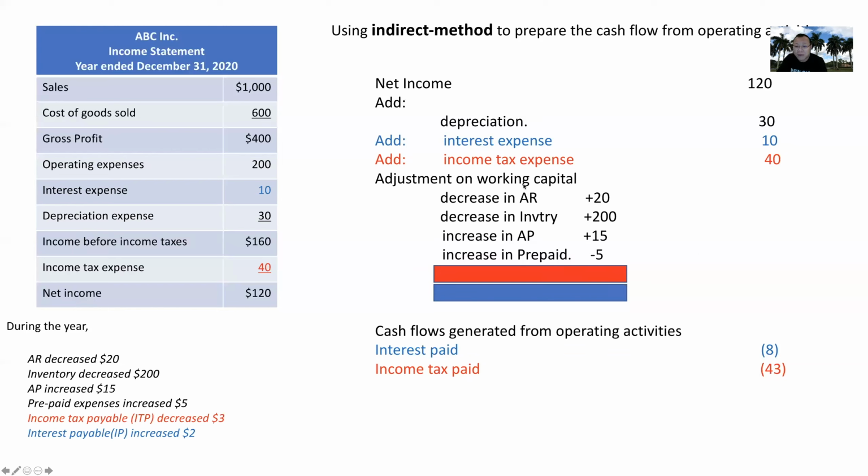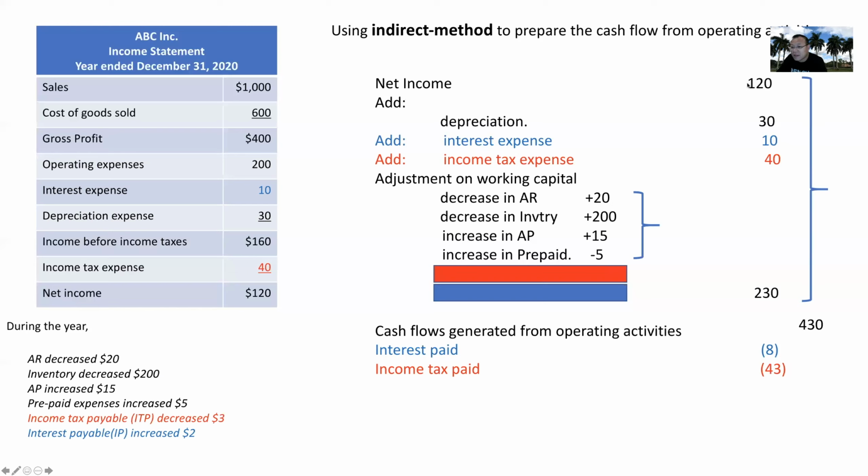So now I only have these 4 items left. If I add them up, 20, 215 minus 5, I should get 230. If I sum up all these numbers, that is the cash flow generated from operating activities.